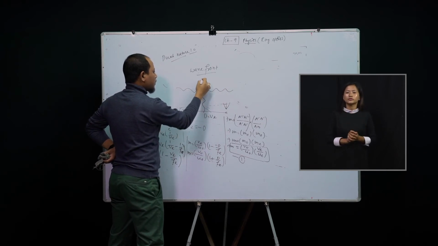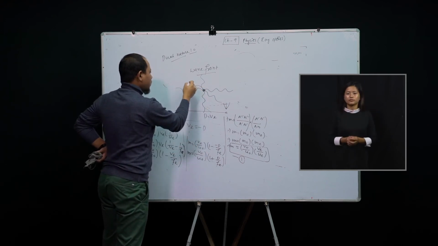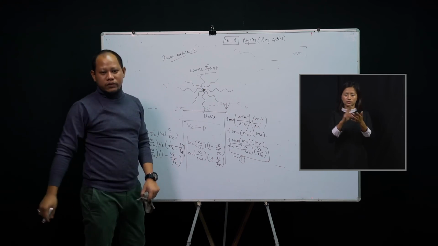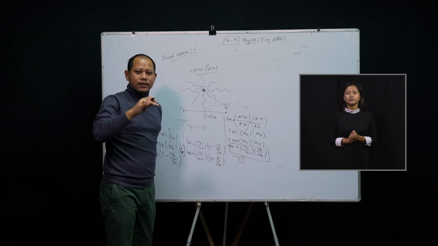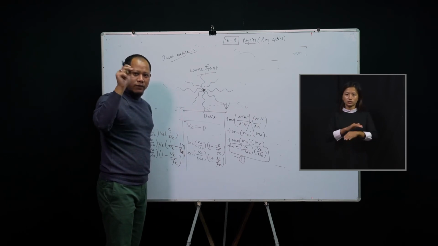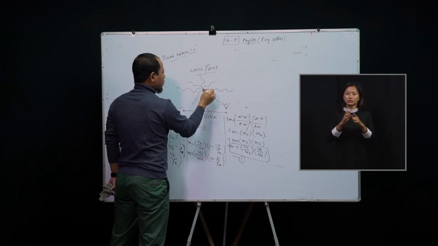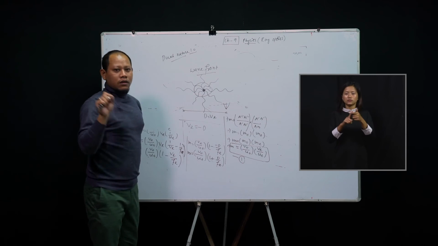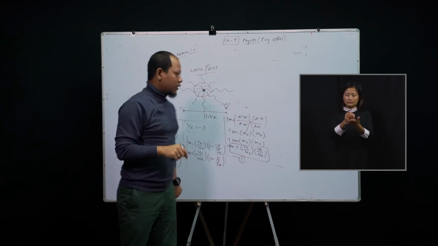Waves are emanating like this. Infinite numbers of light waves will be emitted by a source. The diagram is not perfect, but if I join all the particles which are vibrating in the same phase, I will get the wavefront.